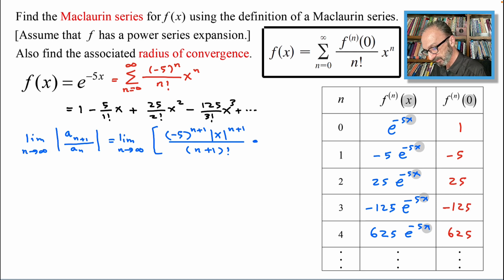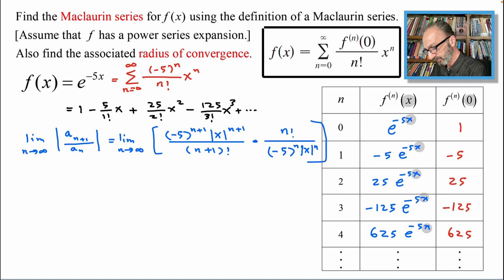And to write this as 1 over n factorial becomes on top. That's n factorial. And I have minus 5 at the bottom side to the power n. And also absolute value of x to the power n down. So this is what we have.